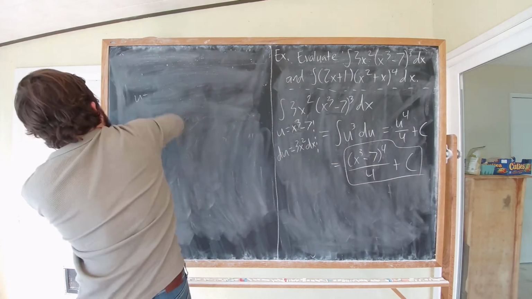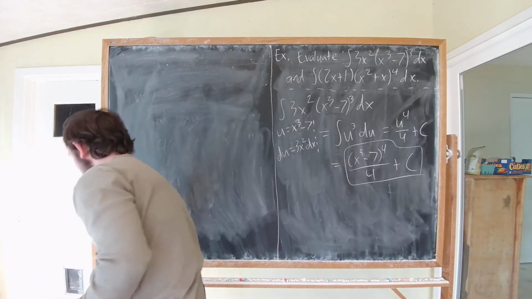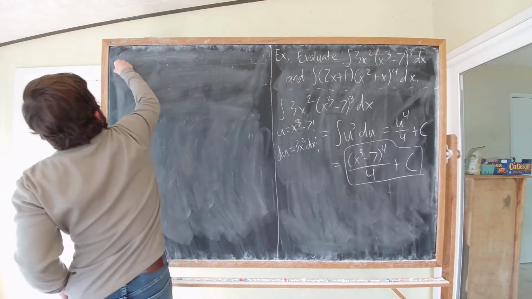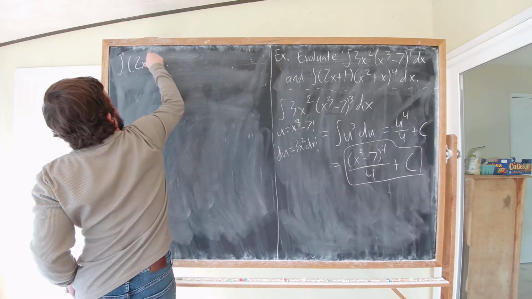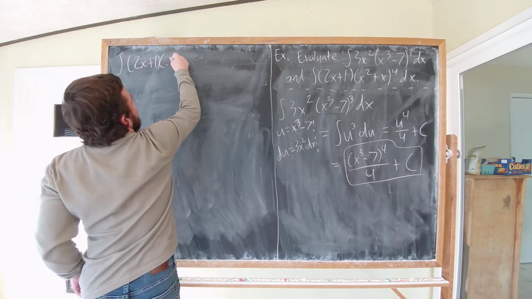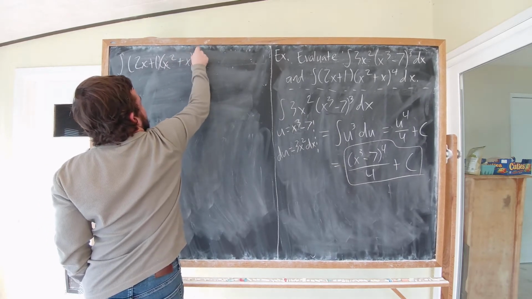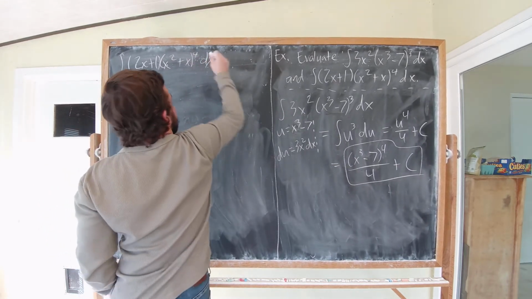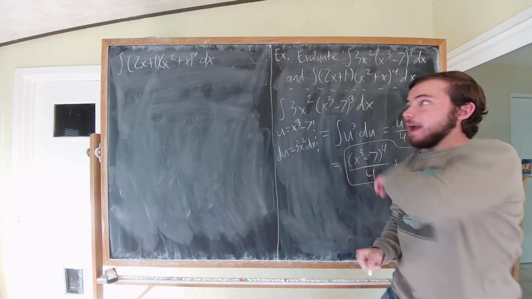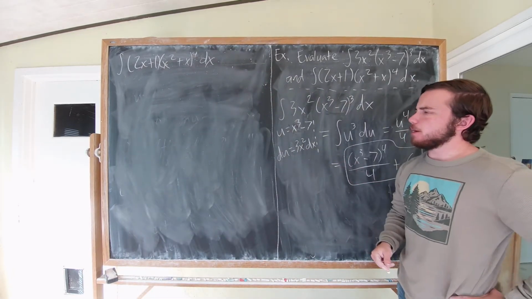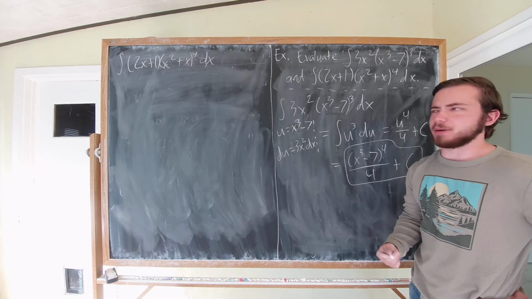Let's see. The integral of (2x plus 1) times (x squared plus x) to the 4th power dx. Okay. Well, let's try to find a u sub.